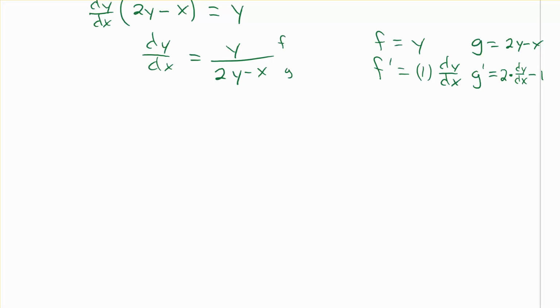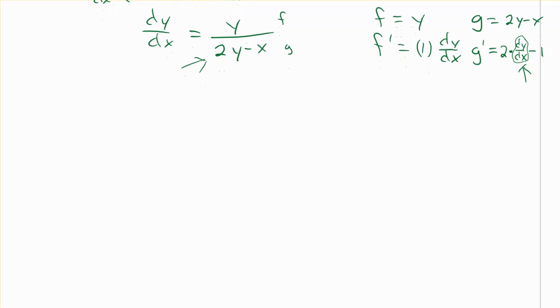And remember, we're going to do the same little tricky thing where we know what dy/dx is equal to. We just found it. When we keep on going, we're going to replace those terms with what we know it actually is.